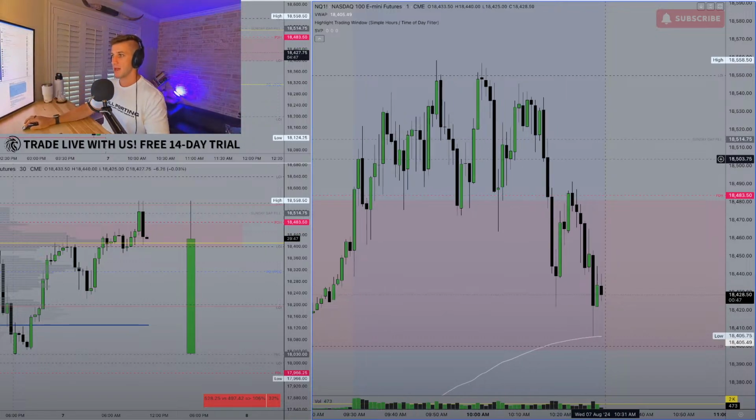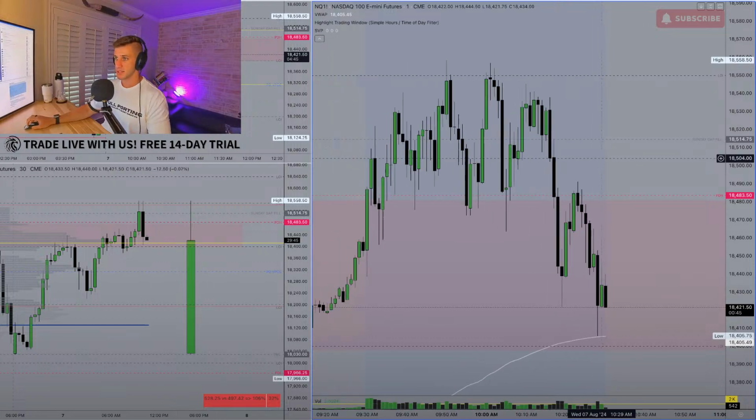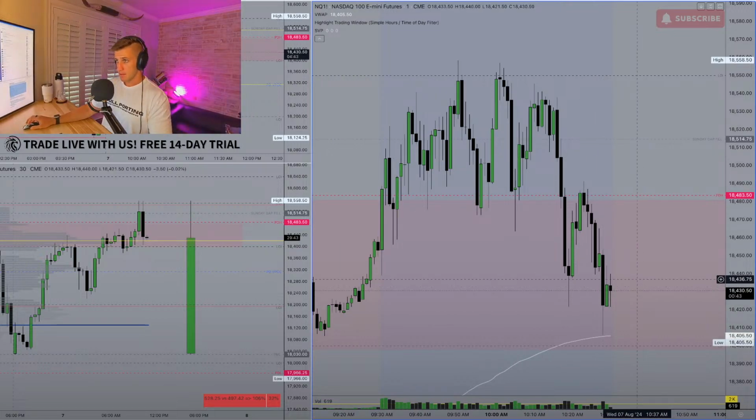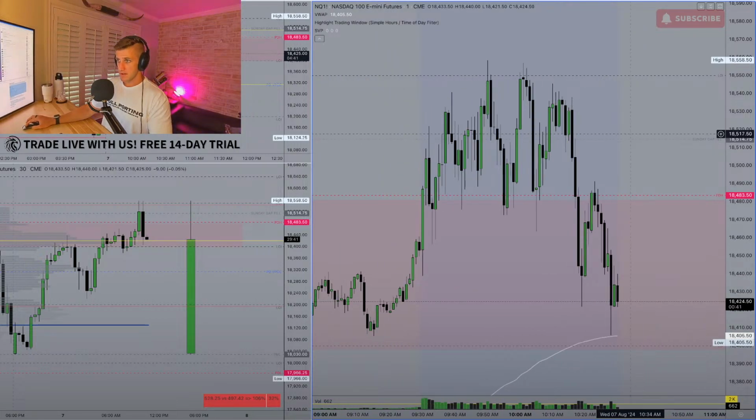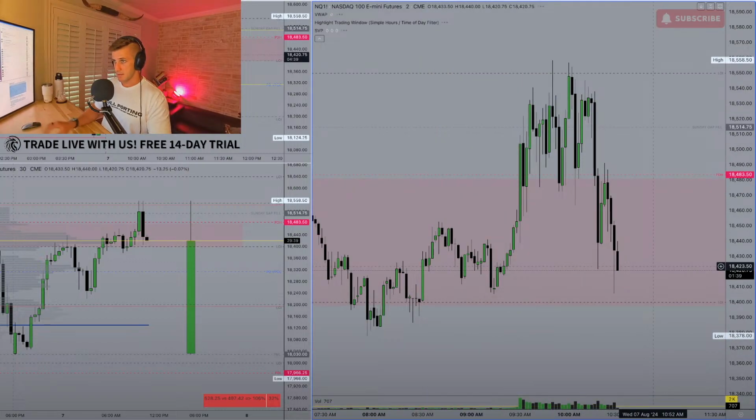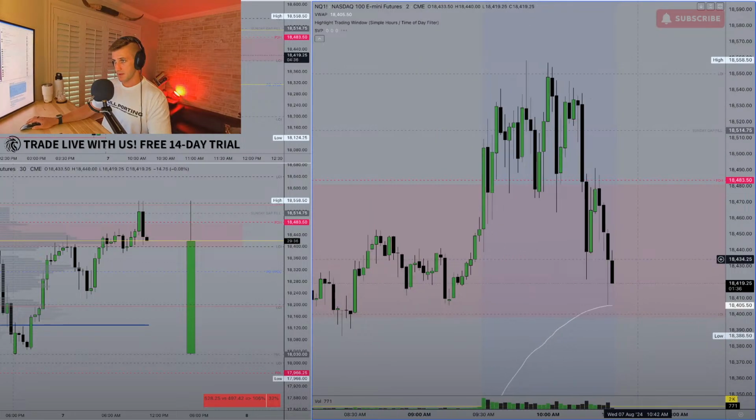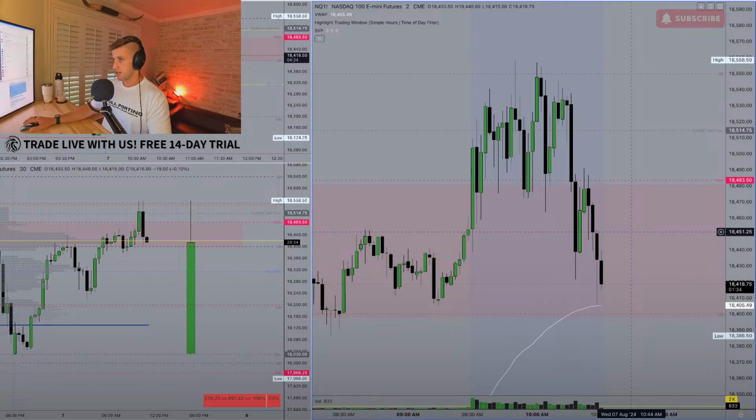So NQ into VWAP, 400 level of interest. See how this shapes out. Let's check the 2 minute. See if you actually get a signal here, if it just flushes down and through.